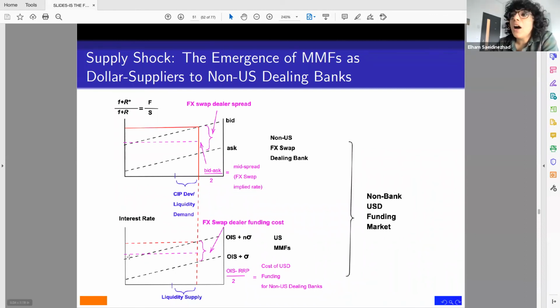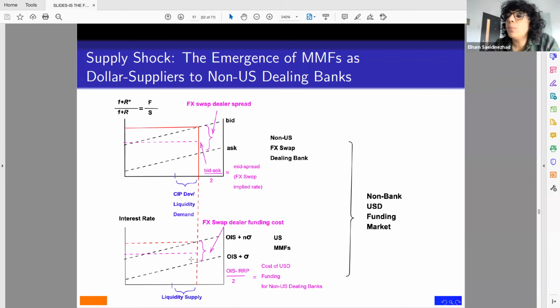And then the upper dash line, this black line here, is representing the price that they ask in order to offer liquidity funding to these FX swap dealers. And because the cost of access to liquidity for these US money market funds is not as low as the US dealing banks, they are going to actually charge higher prices in order to lend to these dealing banks.